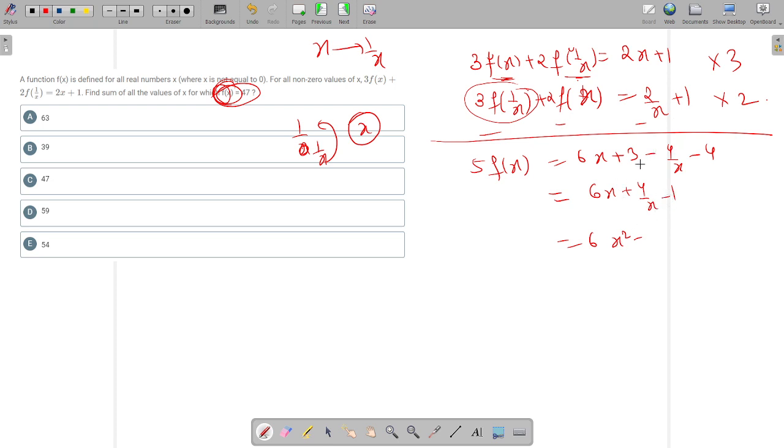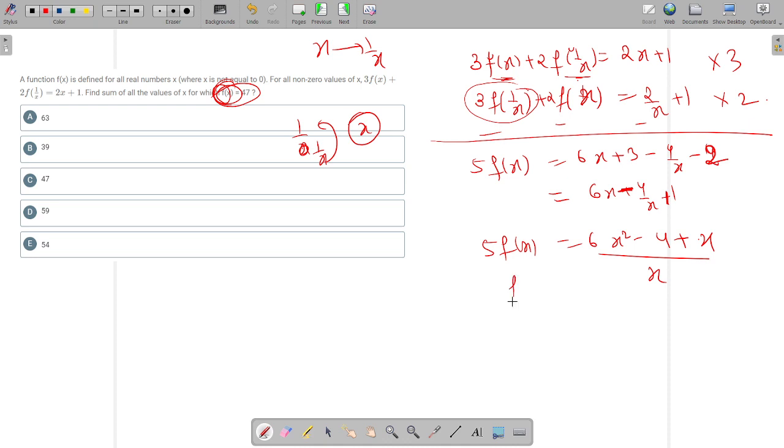There's a calculation mistake, I guess. Yes, I have written it wrongly. What have I done? A blunder. Yes, so 3 minus 2 is 1. So this is positive 1, so 6x square minus 4 plus x upon x, this is 5fx.